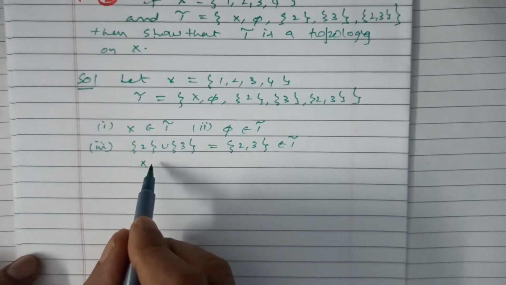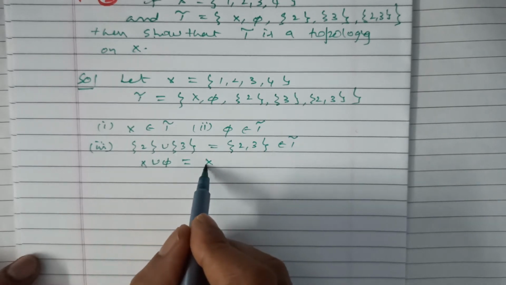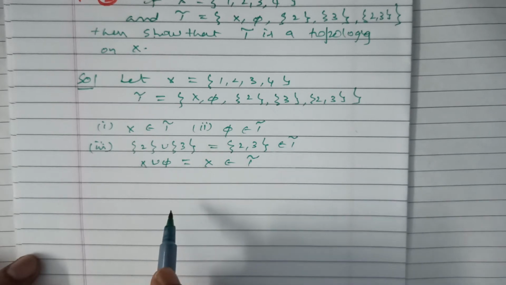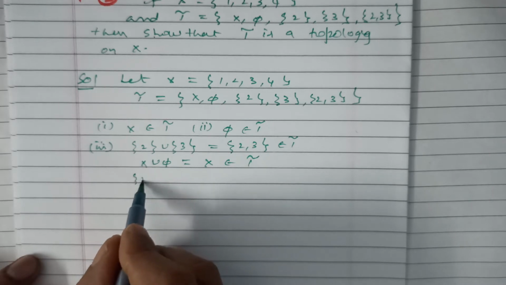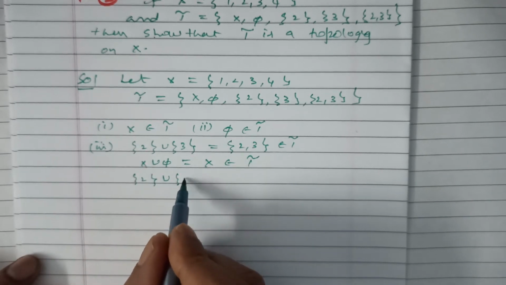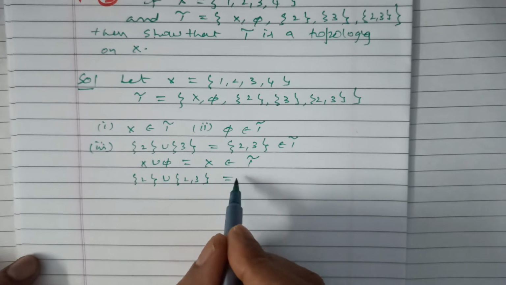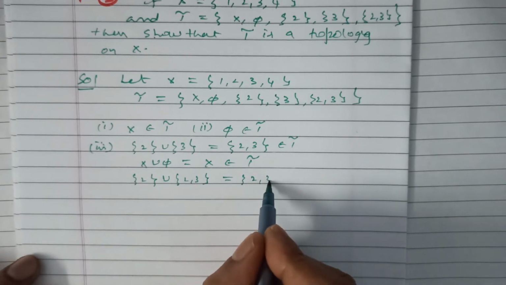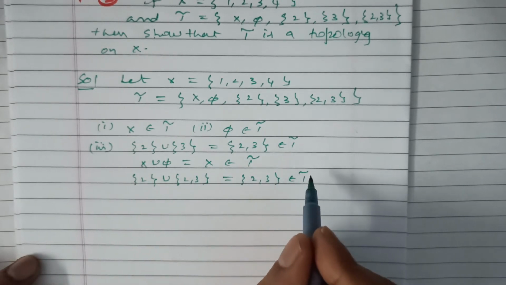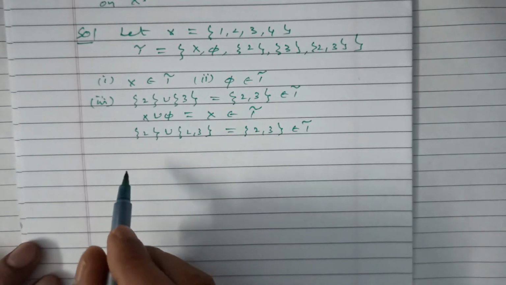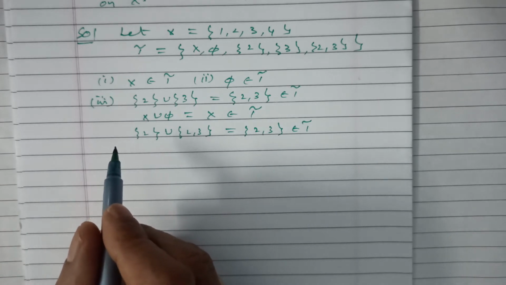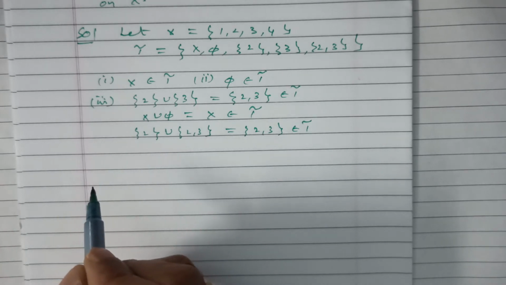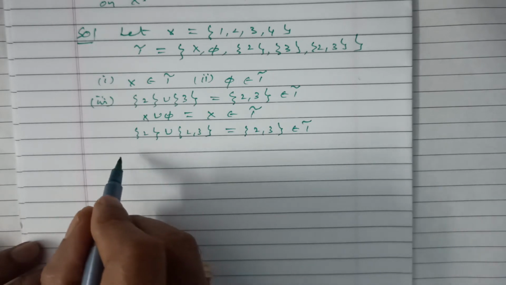Even X union phi is equal to X belongs to tau. Set of 2 union set of 2, 3 is equal to set of 2, 3 belongs to tau. A few sets whose union also belongs to tau.